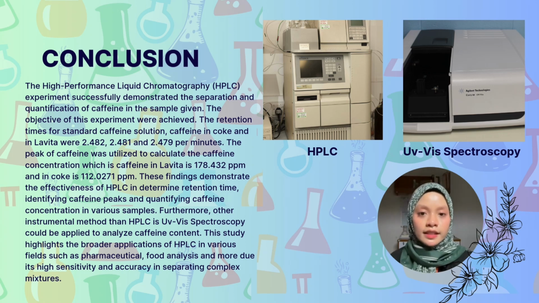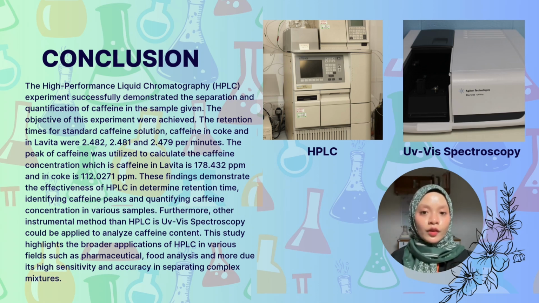The retention time for standard caffeine solution, caffeine in Coke, and in Lavita were 2.482, 2.481, and 2.479 per minute, indicating consistent peak identification and confirming the accuracy of the method in identifying the caffeine peak. The experimental data support the use of HPLC as a precise and reliable analytical method for detecting and quantifying caffeine.